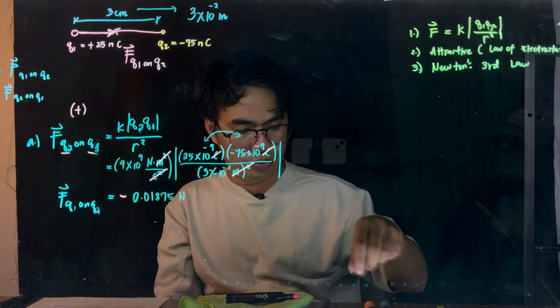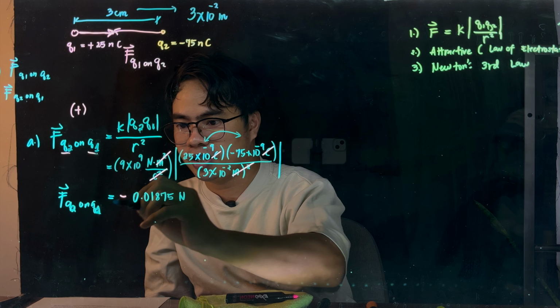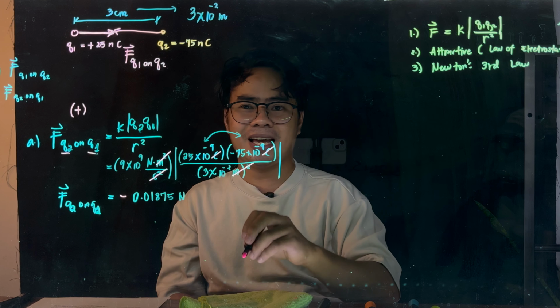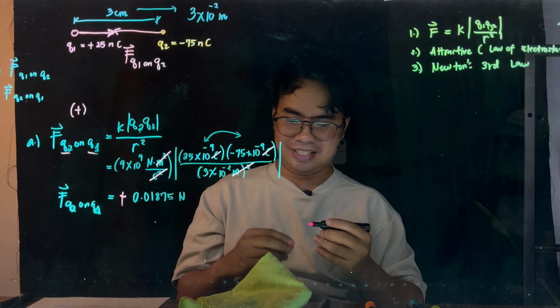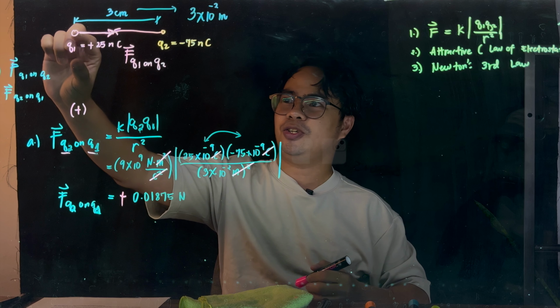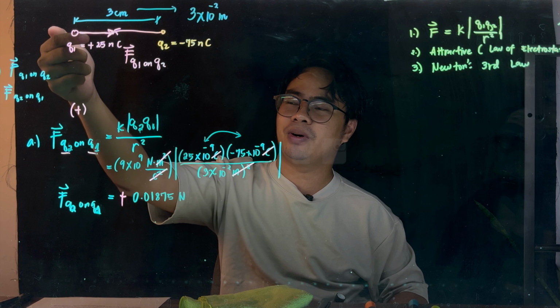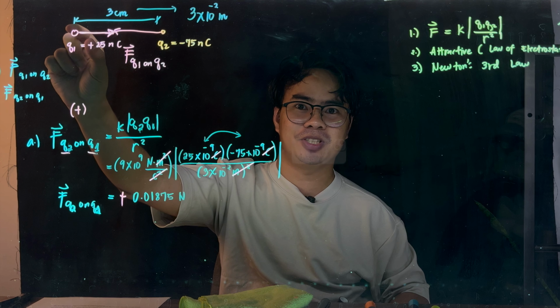but this time around, the force of Q2 on Q1 has exactly the same magnitude, but it has a positive sign. Sorry, I'm quite new to this DIY lightboard thing. It means to say that the force that charge 2 exerts on Q1 is towards the right. It's basically attracting this object.